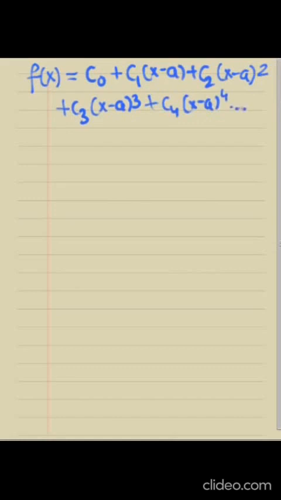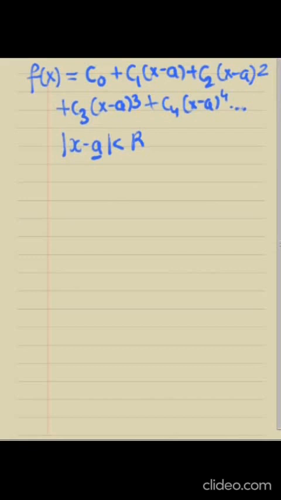And here we have a radius of convergence, which means that the series converges for values of x around the center a which are no further than r, and r can be infinite or 0.